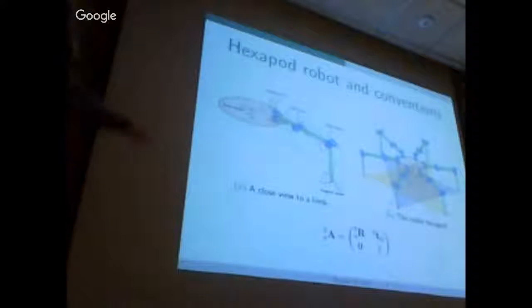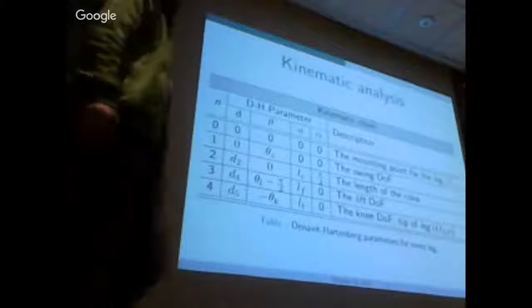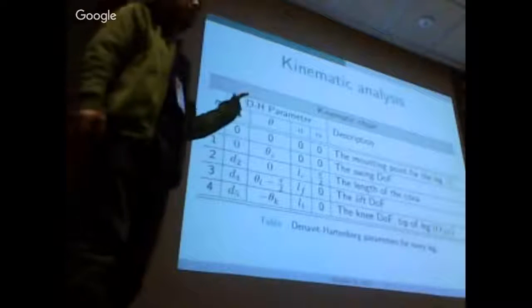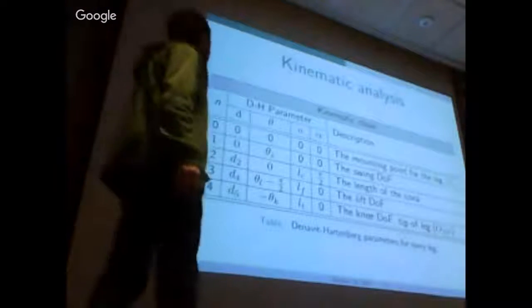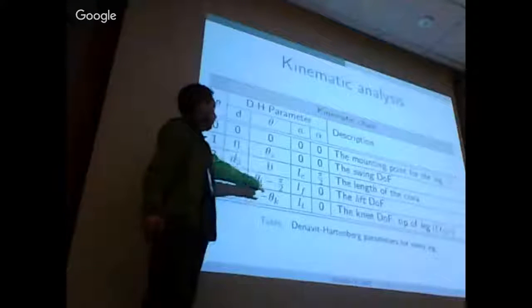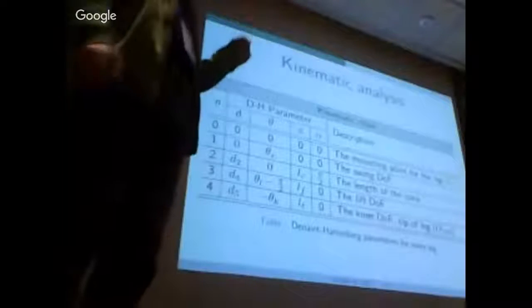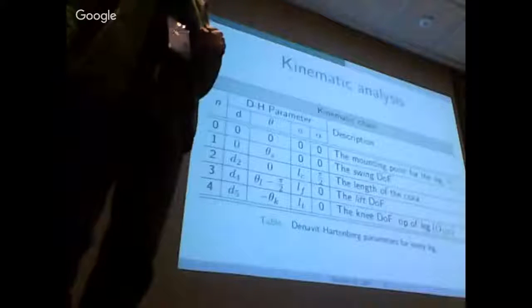Right? So we use the standard Denavit-Hartenberg parameters to describe the configuration of each link. Here I show you the degrees of freedom. These define the configuration of the link at all times, right?